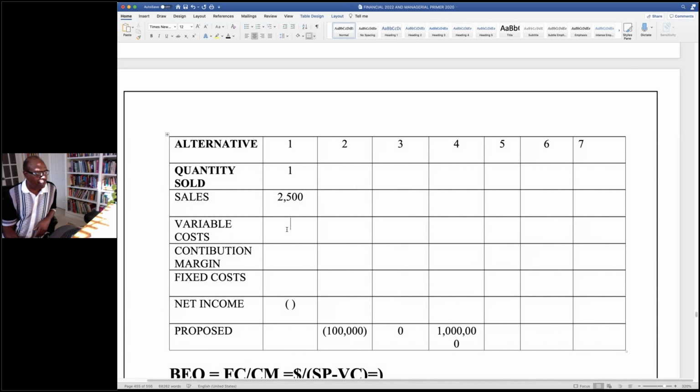What's the cost of 1 computer? 1,500. So what's the contribution margin of each computer? 1,000. 1,000.